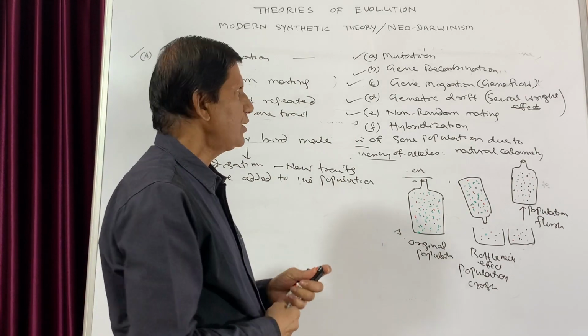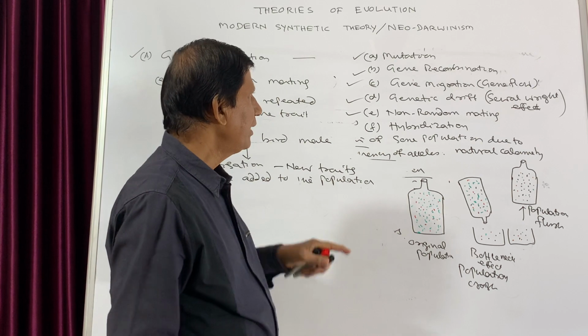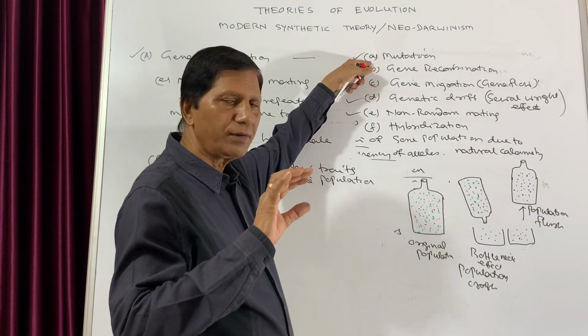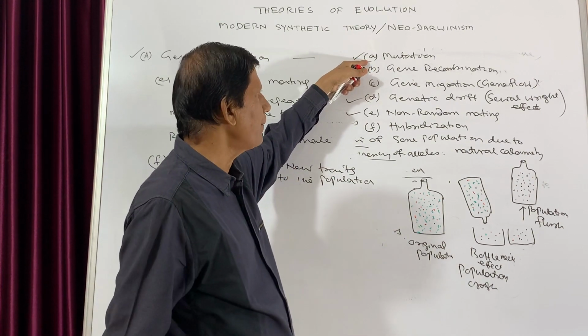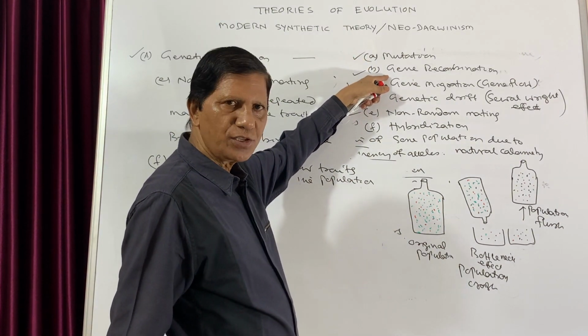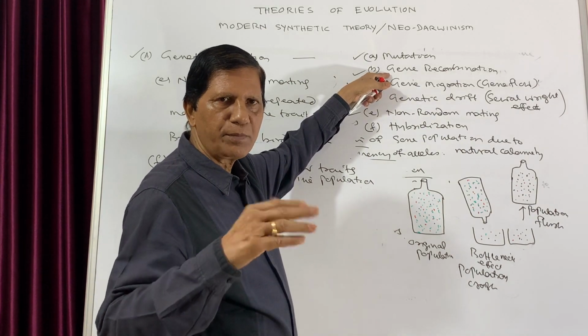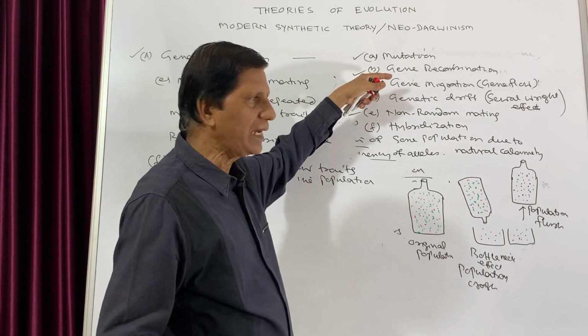If we summarize it, genetic variation is the raw material for evolution. It may take place due to mutation, which we have discussed elsewhere in detail. Then gene recombination may be due to dual parentage, independent assortment, crossing over, and multiple alleles.